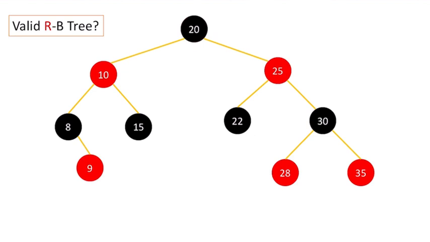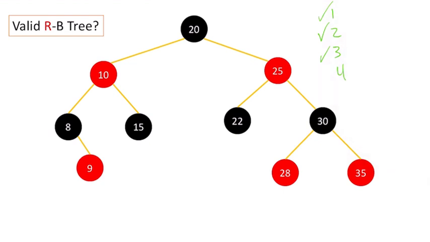Well, every node is red or black, so that's invariant 1. Invariant 2 was that the root was a black node. Invariant 3 was that there is no 2 red nodes in a row. And invariant 4 is that every root to null path has the same number of black nodes.